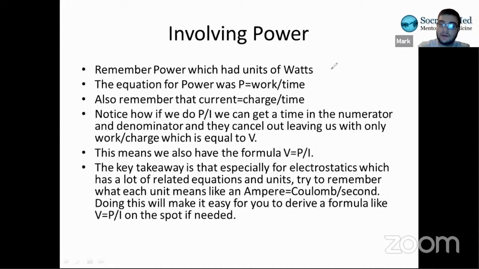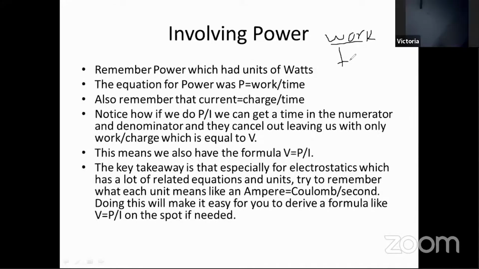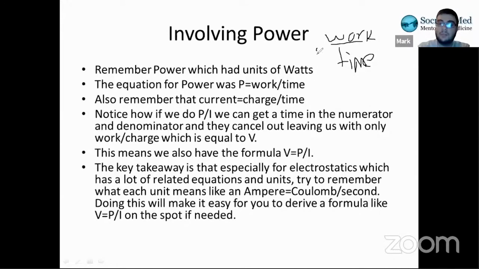Let me write that out for you guys. We know that power is equal to work over time. If we divide that by current, when you divide a fraction, you just multiply and flip it, so it's now time over charge.